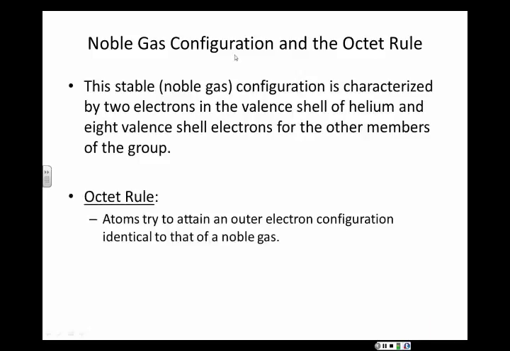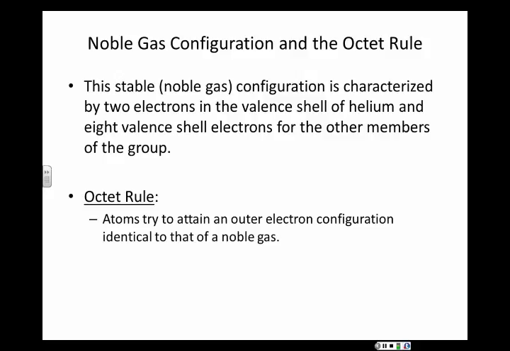So this developed the octet rule. The octet rule is based on the idea that noble gases are stable because they have 8 valence electrons, 2 in the case of helium. So the octet rule claims that atoms try to attain an outer shell configuration like the noble gases. Usually this is 8 valence electrons, sometimes 2 if they're like helium.